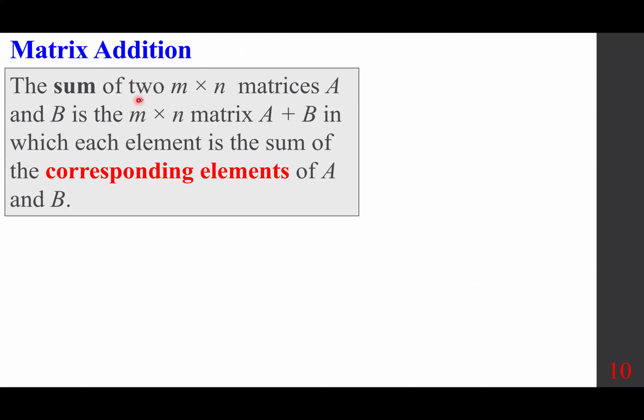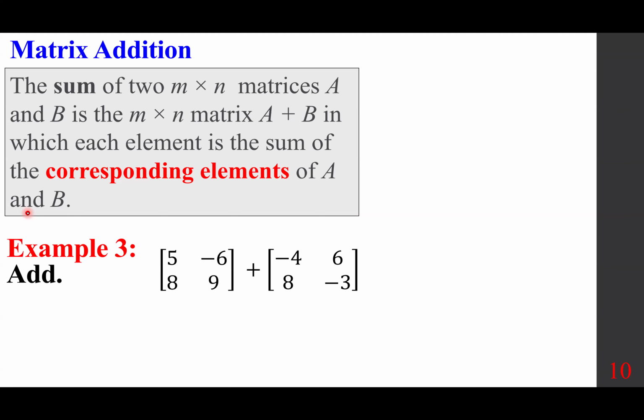The sum of two n by n matrices, A and B, is the n by n matrix A plus B in which each element is the sum of the corresponding elements of A and B. In other words, you can only add if you have identical dimensions, number one. Number two, corresponding elements, add them up. So for example, notice this is 2 by 2, so is this one. If they are not 2 by 2, you can't add them up.